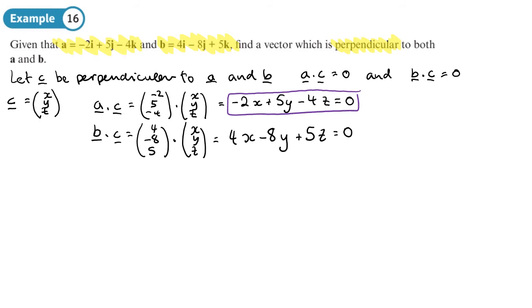So here is a second equation. Now we've got a problem here because I've got two equations with three unknowns and they can't be solved without a third equation.